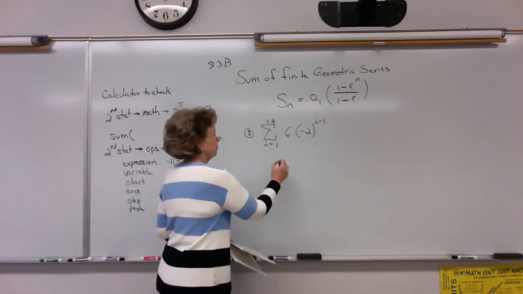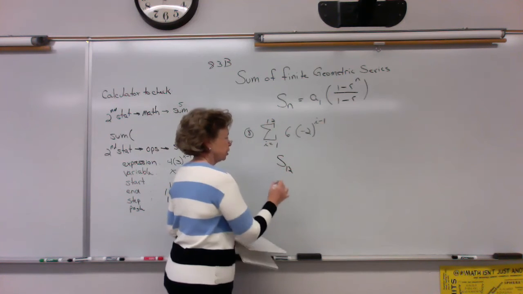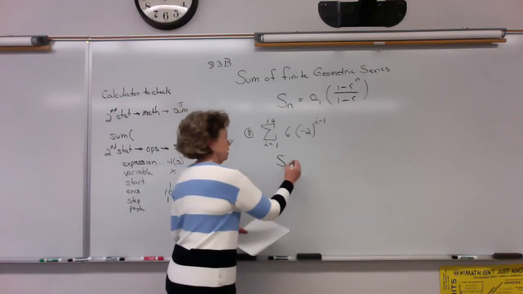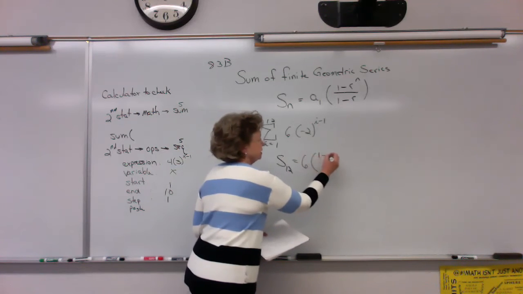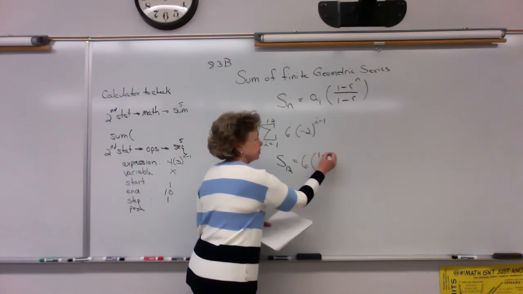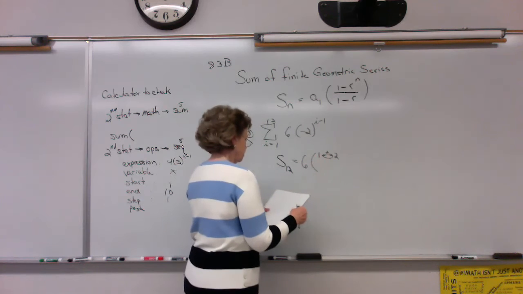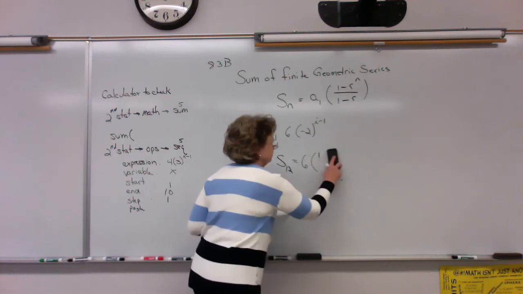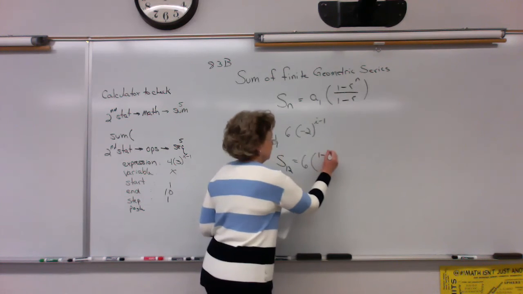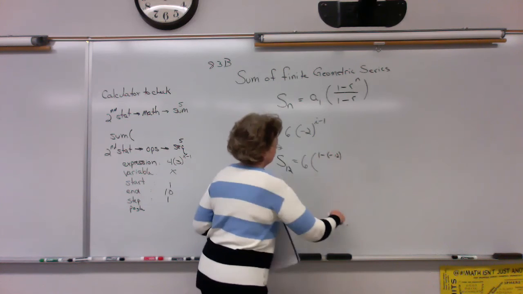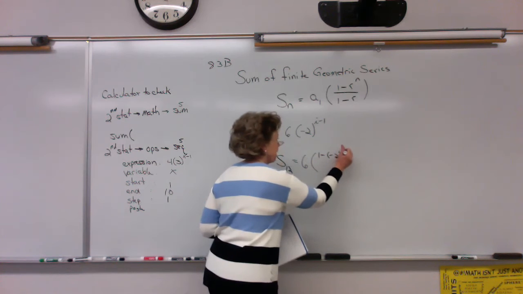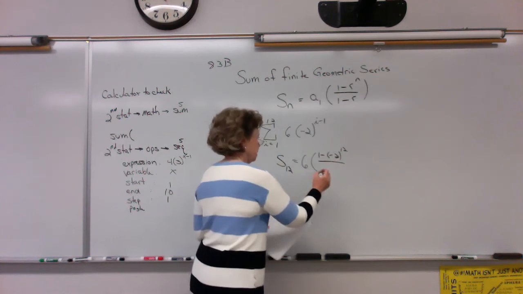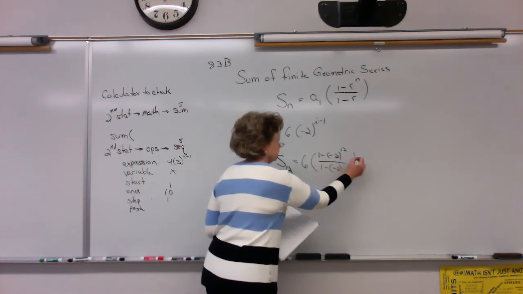Plugging into our formula, this time I've got 12 terms, so S of 12 equals that first term, 6, times 1 minus negative 2 to the 12th power, divided by 1 minus that negative 2.